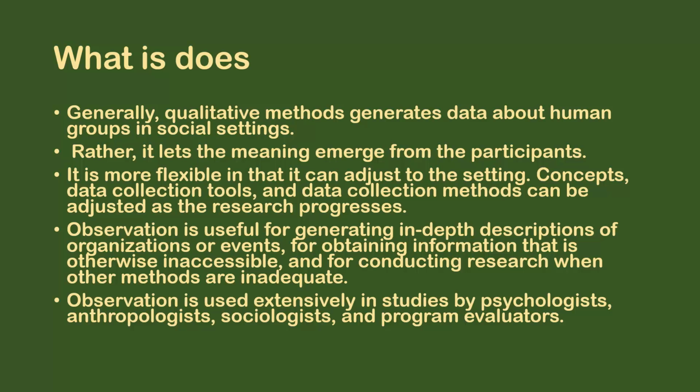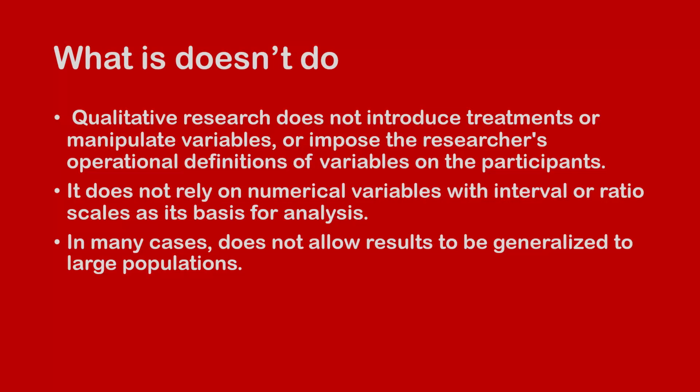We look for meanings, we look for flexibility. These are the kinds of things that are used to see what people are thinking and how they work. It doesn't use treatments, manipulate variables, or do the same things we do with the quantitative studies, because we're not attempting to answer the same sorts of questions.